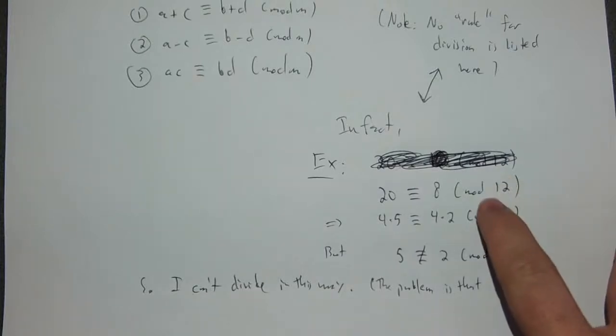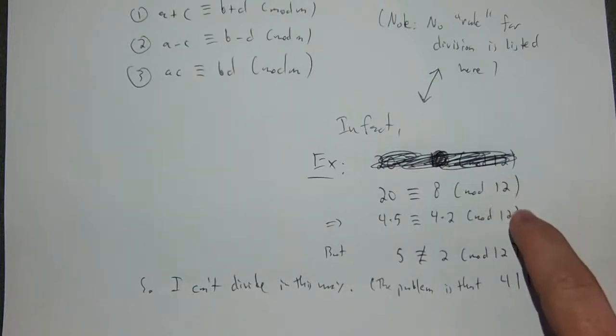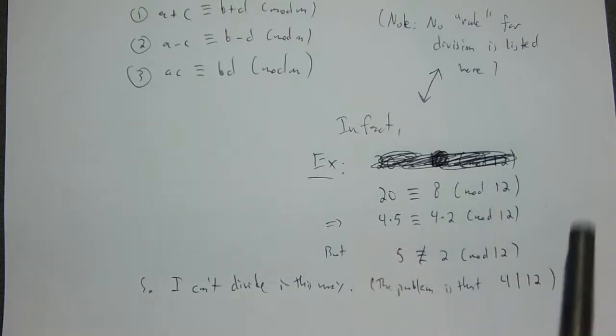Then if the modulus itself is prime, so if you're considering congruence mod p, where p is a prime, then dividing by a thing is always going to be possible, because anything you choose is always going to be relatively prime to that prime.